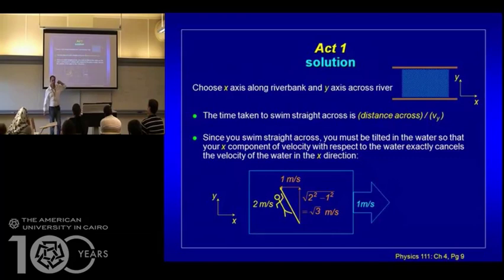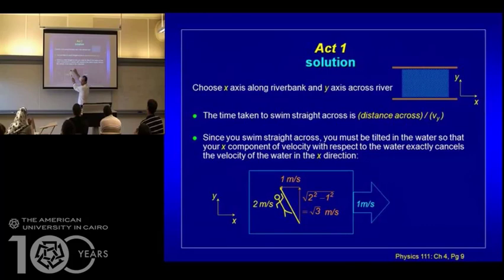Okay. I'll say it again. I'm trying to go along that direction in such a way that my x component of the velocity, this is x by the way, equals the speed of the water but opposite in direction.